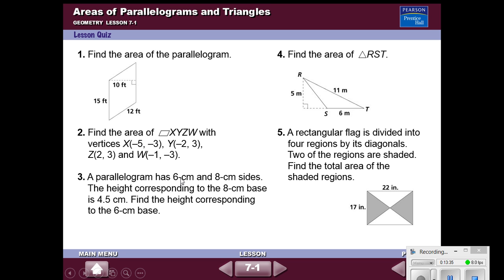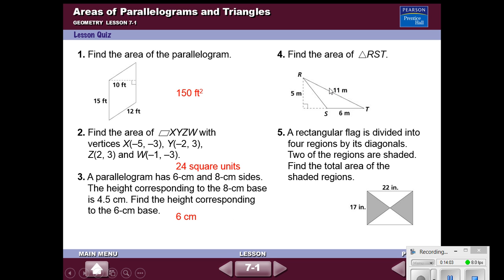A parallelogram has sides 6 and 8. The height corresponding to the base of 8 is 4.5. So 4.5 times 8 is going to equal the same as 6 times another height. We'll figure out what that is. That ends up being 6.